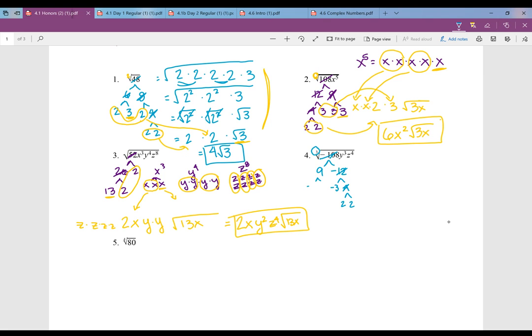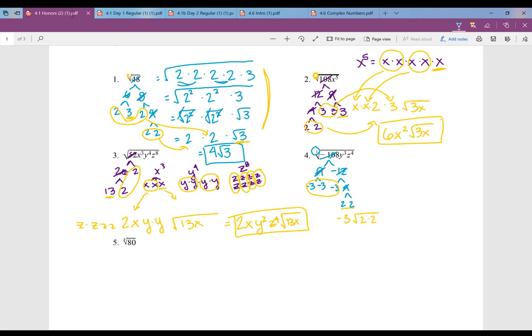So we could actually do negative 3 times negative 3. And then we would have a group of 3 negative 3's. So we would have one negative 3 pulled out. And then now we have 2 2's, but since there's only 2 of them, they're going to stay under a root. So we're going to have 2 times 2 under the root still.